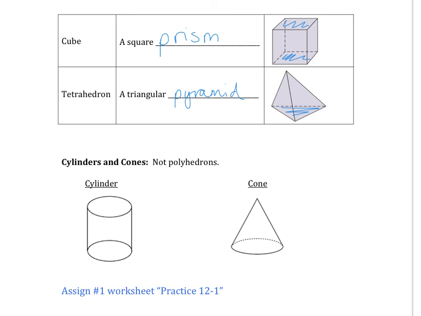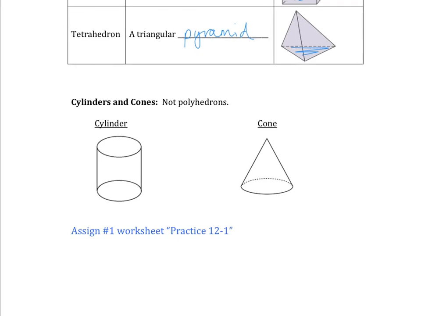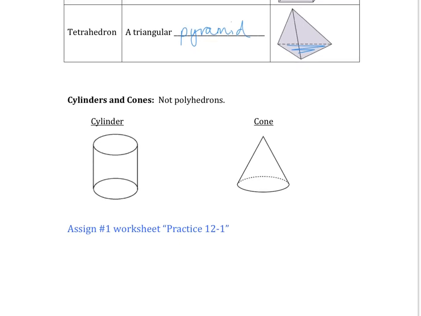Last two things we've got here are our cones and cylinders. They are solid figures, but to note they're not polyhedrons, because they don't have polygons for the flat surfaces. The polygons are the rectangles, squares, triangles.